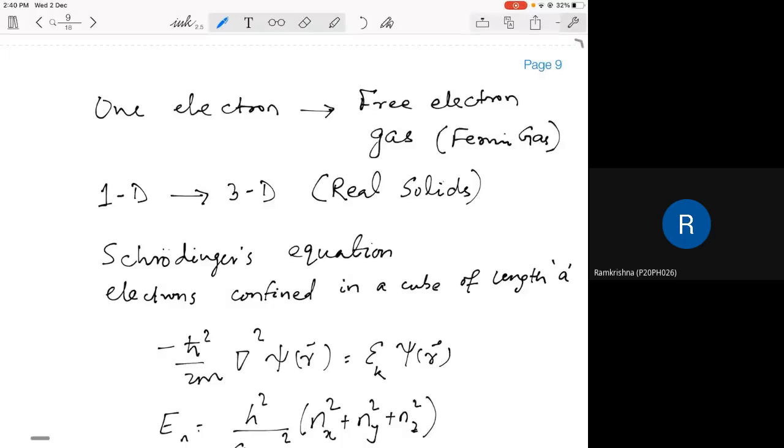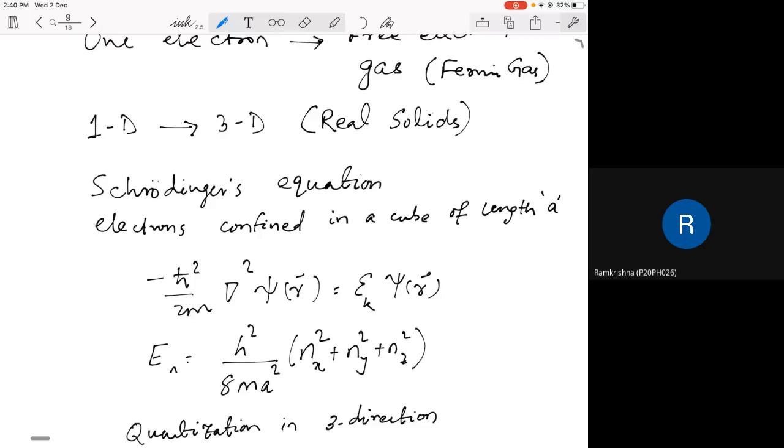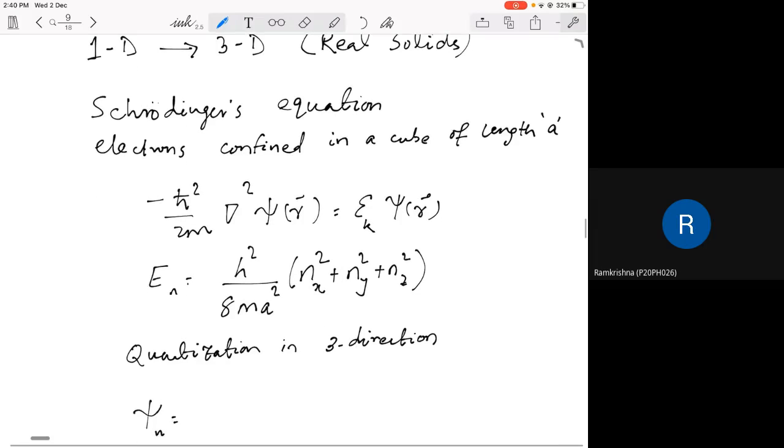The quantum mechanical problem we solved for a 1D case is a very simple way to understand how the electrons form energy states and how they fill up. But in real solids, this picture can be very different.